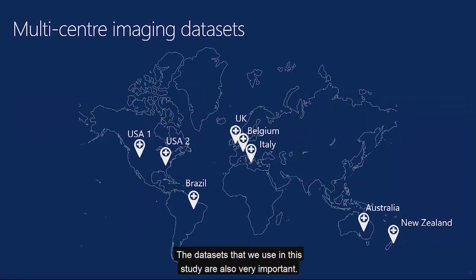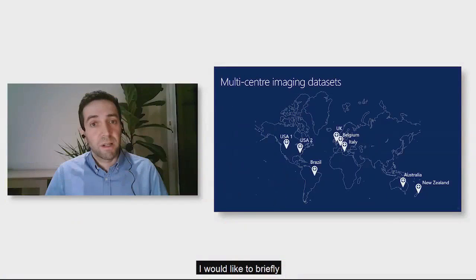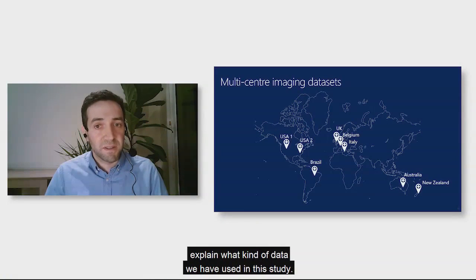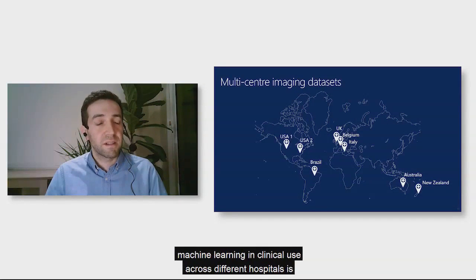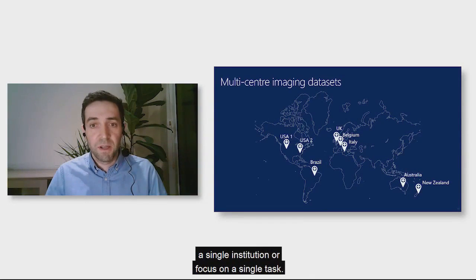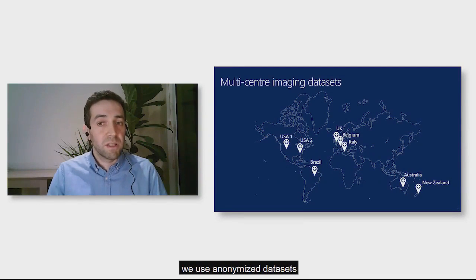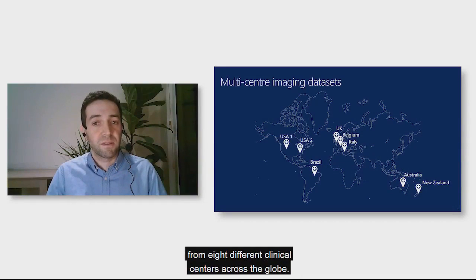And the data sets that we use in this study are also very important. I would like to briefly explain what kind of data we have used in this study. As you might know, one of the barriers to the uptake of machine learning in clinical use across different hospitals is that most of these models are only trained on a data set from a single institution or focus on a single task. To overcome this problem, we use anonymized data sets from 8 different clinical centers across the globe.